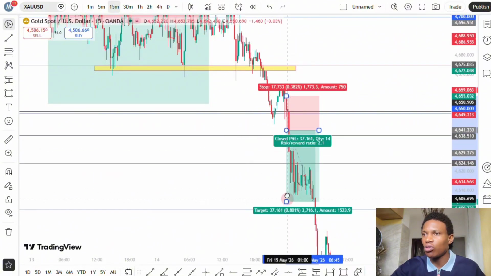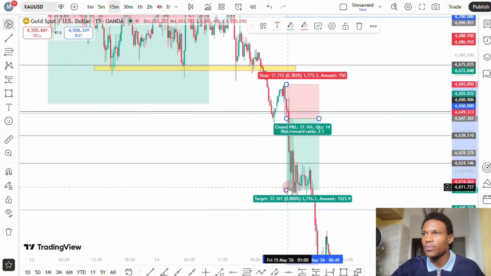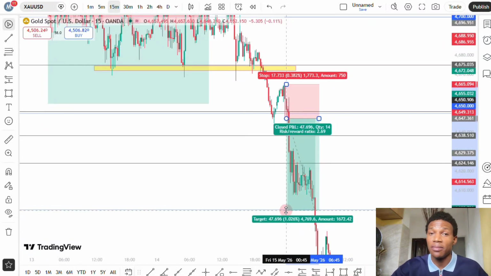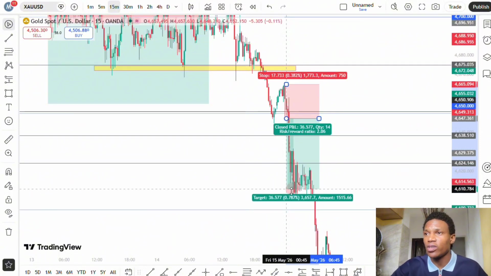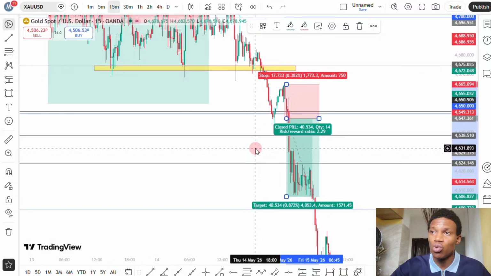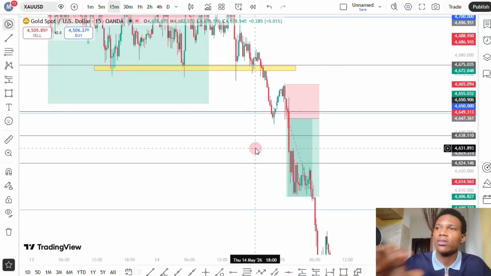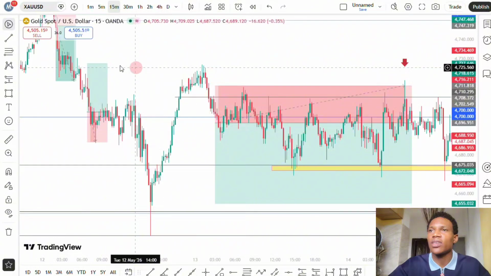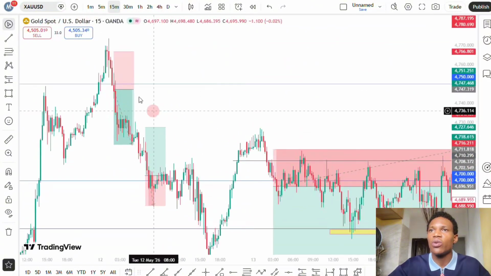I should have floated it down from here to this extent. But I went to minimize my loss, whereby I couldn't hold the trade for too long, so that made me close too early. So I minimized my wins. Right here, this is another many wins, many losses. And this is another win over here.